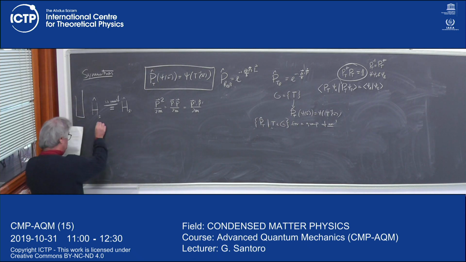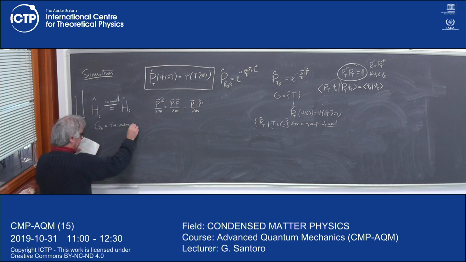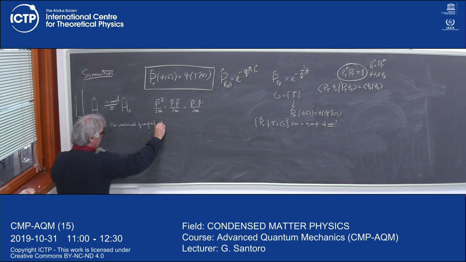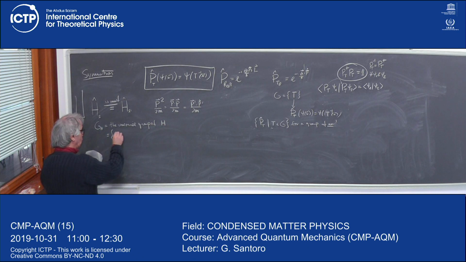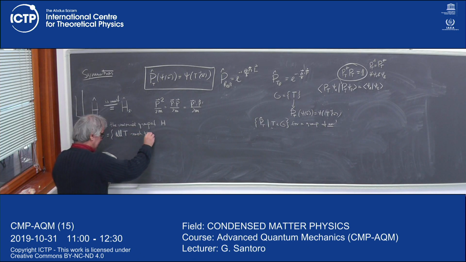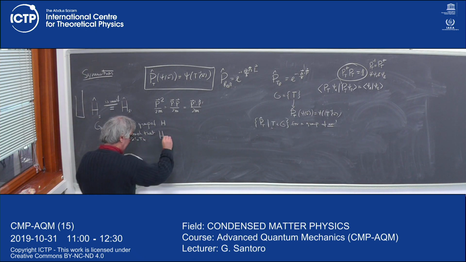I call G_H the invariance group of the Hamiltonian H. It means the set of all transformations T, such that x prime is equal to Tx, but H in the x is equal to H in the x prime.